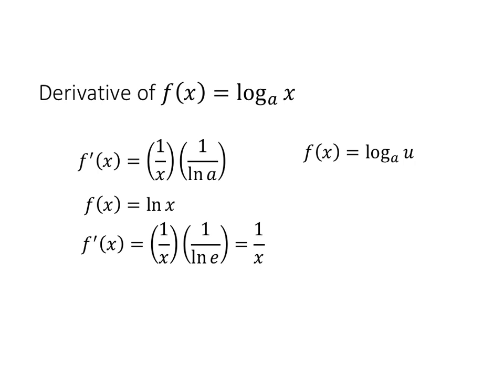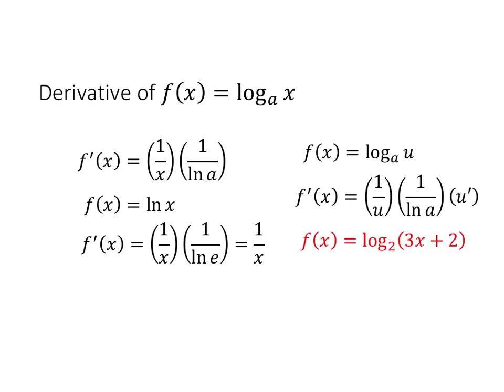So if we use chain rule, and we've got the log base a of u, what would the derivative of that be? That simply comes out to be 1 over u times 1 over the natural log of the base, which is a, times u prime. So let's look at an example here.